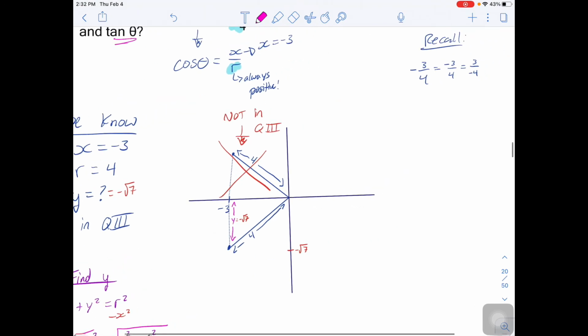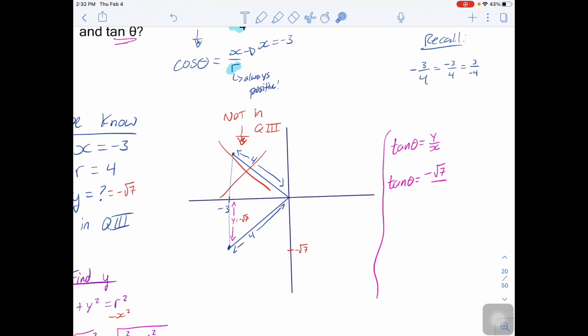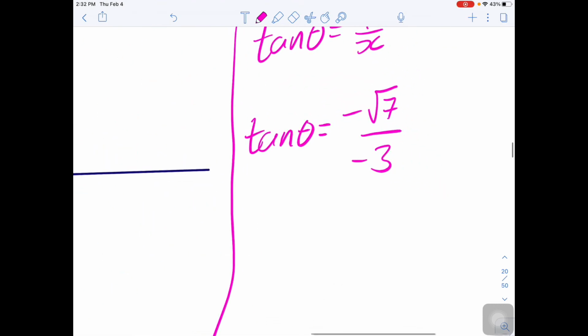On your data sheet, we know that tan θ equals y over x. So in this case, our tan θ will equal our y value, which is -√7, over our x value, which is -3. And as you can see here, we can cancel out our negatives.